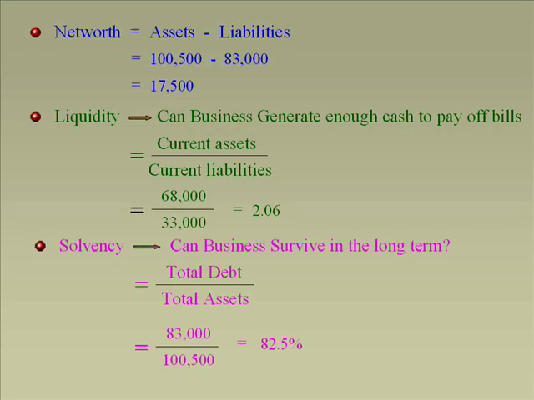The answer is, it's horrible. 82.5% means creditors have a claim on 82% of your business. Is that good? That's terrible. The cutoff for solvency is 40%. Just remember that.